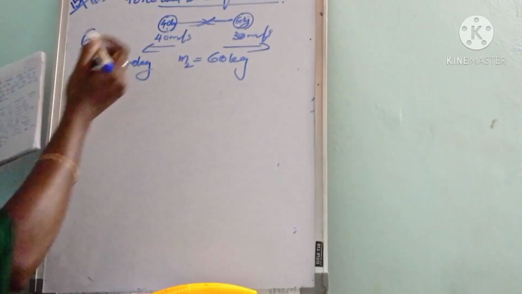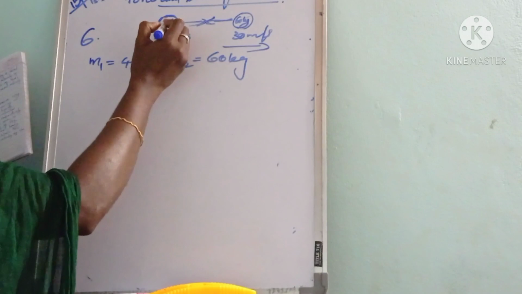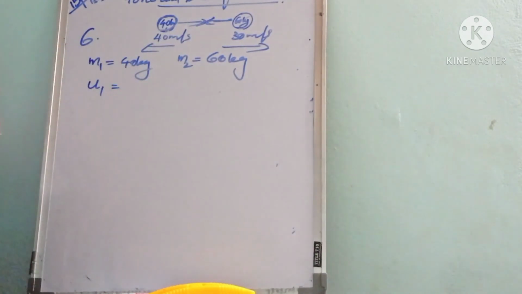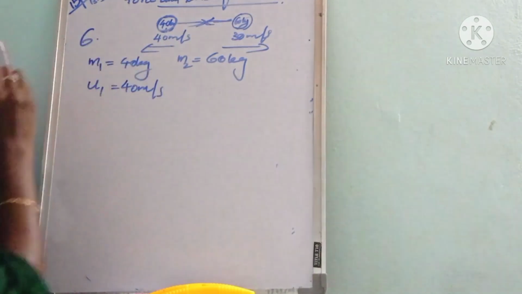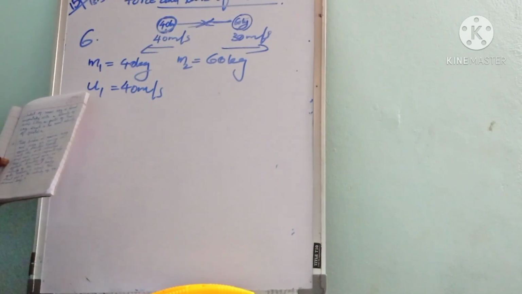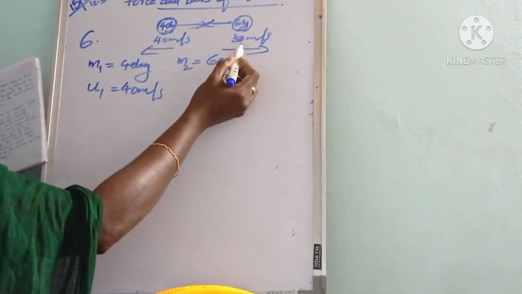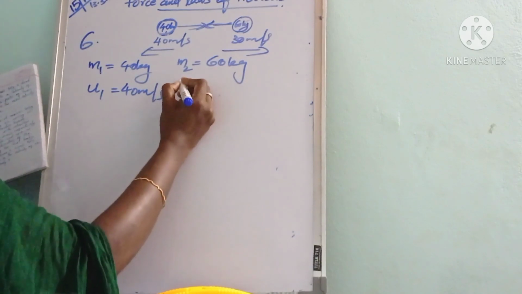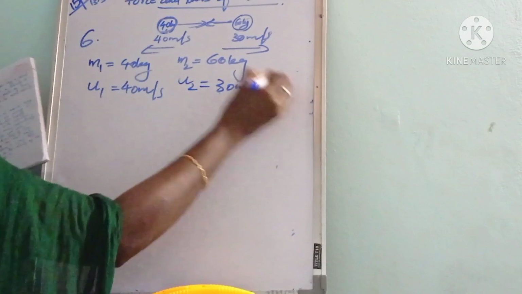The velocity of the first body, u1, is equal to 40 meter per second, and the velocity of the second body, u2, is equal to 30 meter per second.